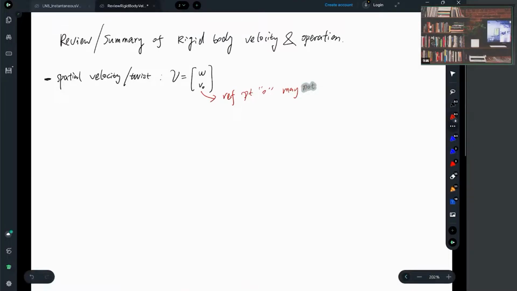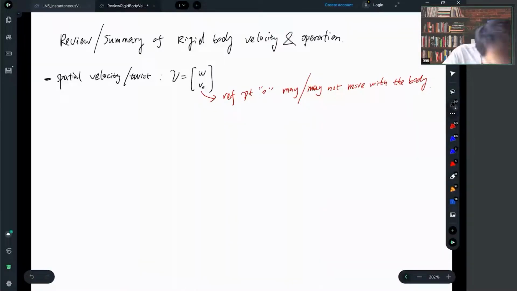It's just the location of a reference point, which may or may not move with the body. That's the key thing that I have reviewed many times. I hope you go back and check if you still don't understand them.